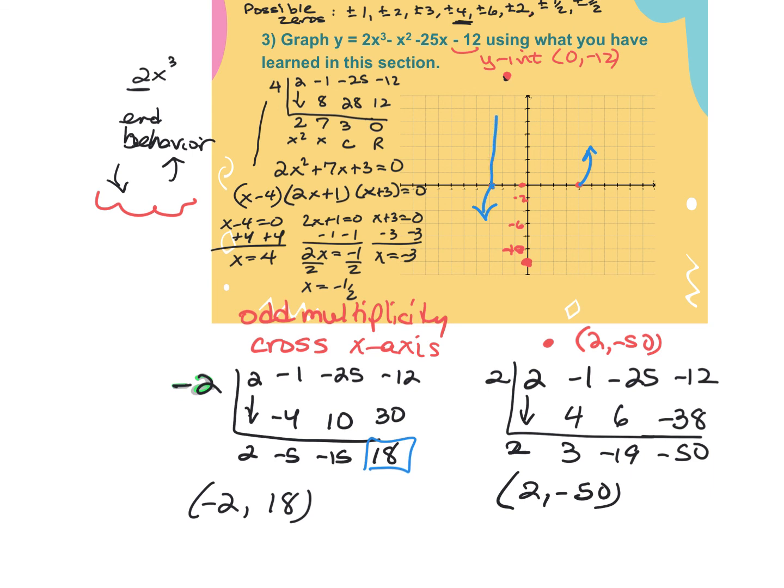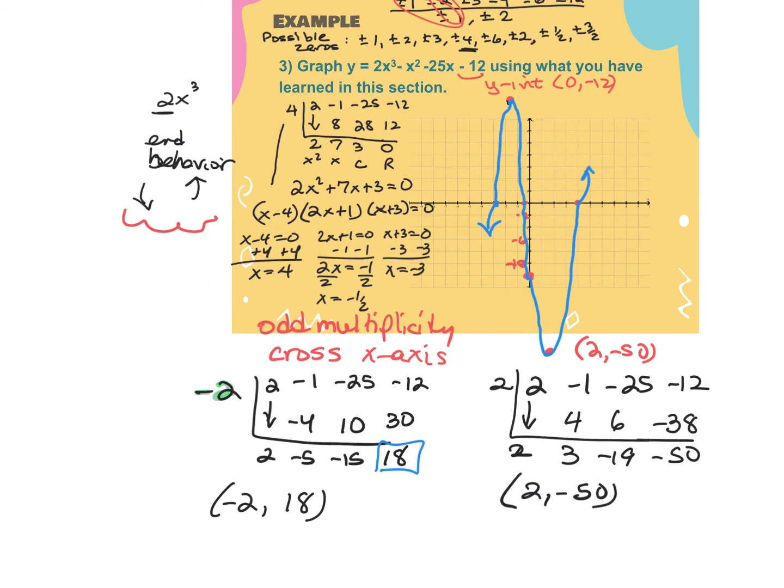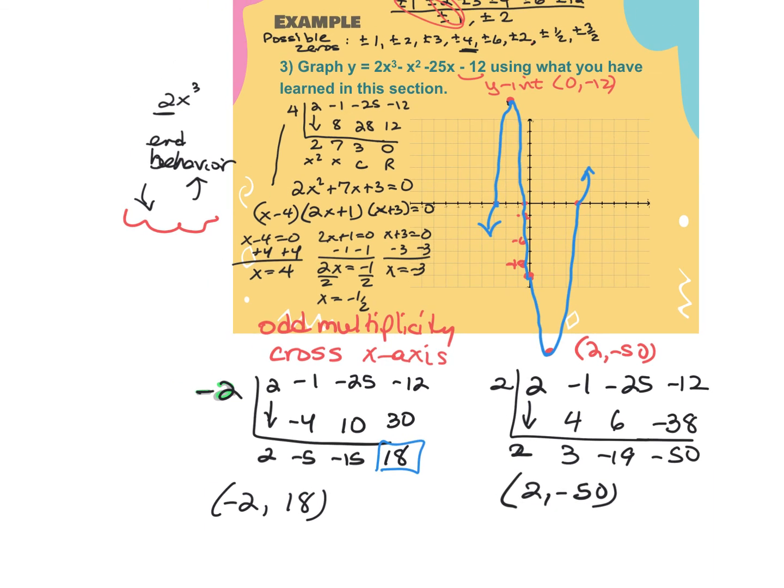So I'm going to come up here to this point. Then it's going to turn around. It's going to come back down to this 0. It's going to hit the y-intercept. Then it's going to come down here to the 2, -50, and then back up. And that's your graph. And again, we saw it on the Desmos graph on the previous slide.